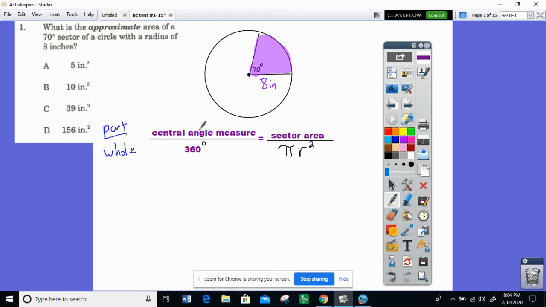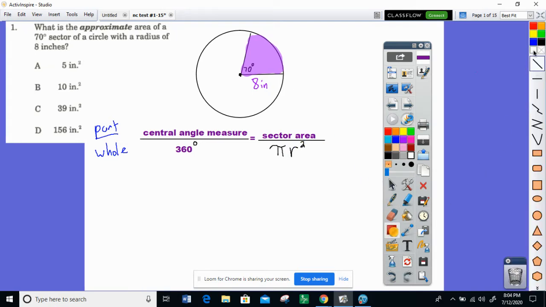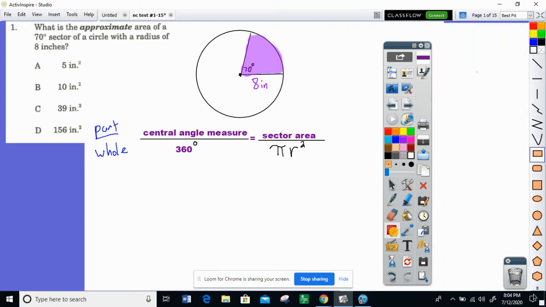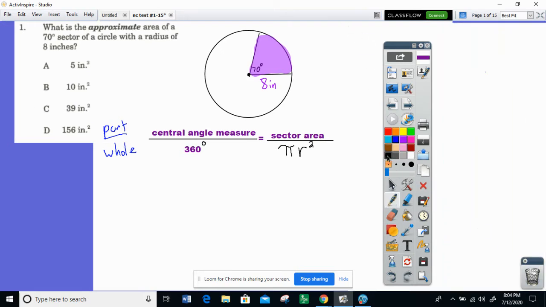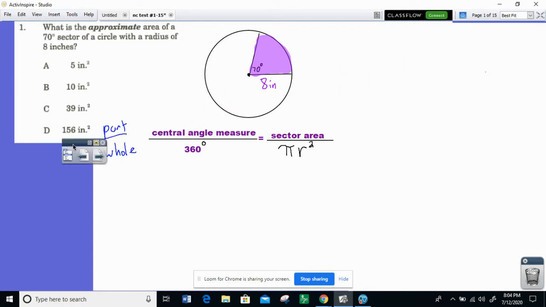And if we can fill in these 3 pieces, the central angle measure over 360 degrees, and we know what the full area of the circle is, then we'll be able to get what the area of that sector is. So this is the proportion that you can use. And we're going to set that proportion up over here like so.